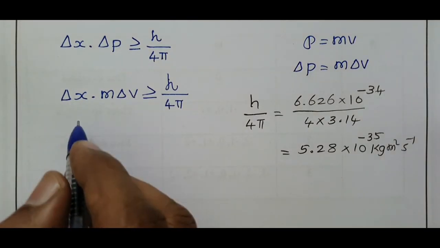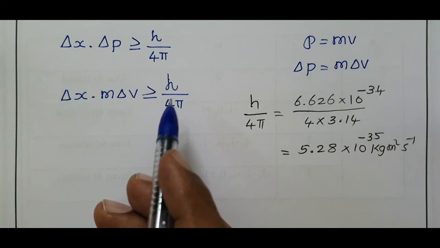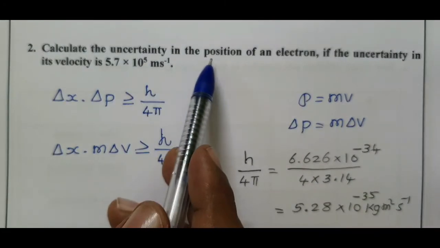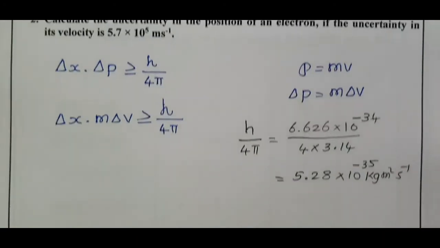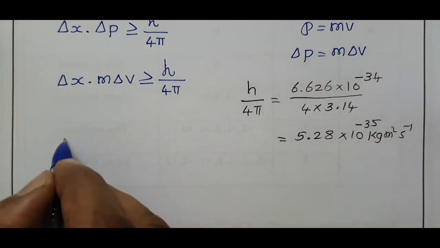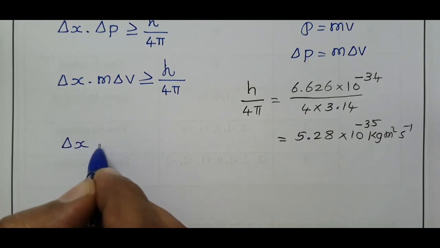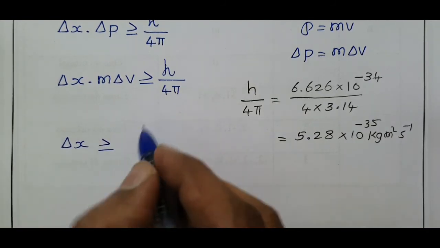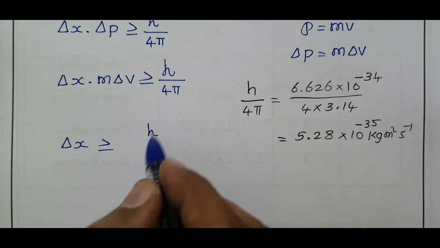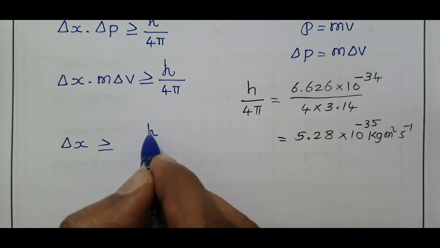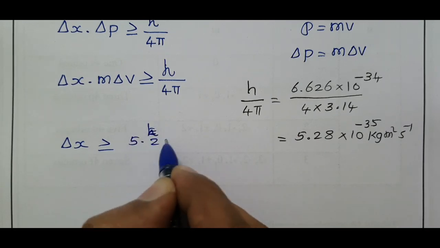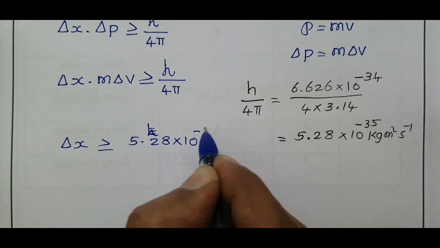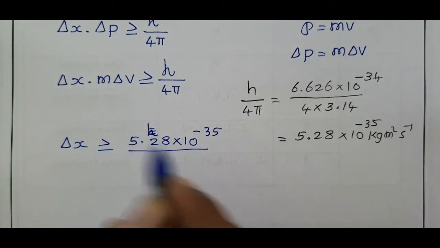Now, we have to calculate the uncertainty in position. In our question, uncertainty in velocity is given. Except the uncertainty in position, bring all other values to the right hand side. So it becomes h by 4 pi. Instead of writing h by 4 pi, we can directly substitute the value: 5.28 into 10 power minus 35 divided by m into delta v.